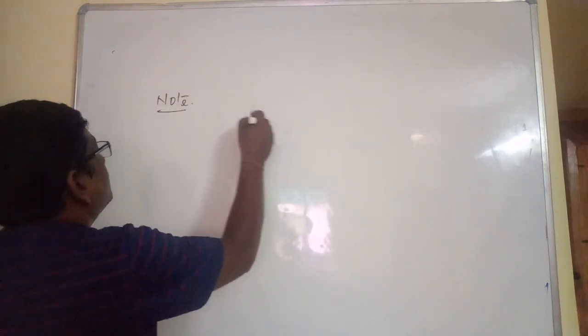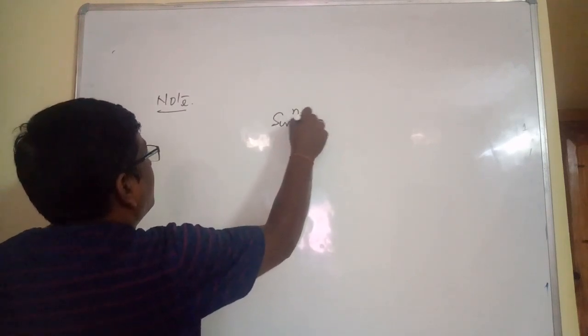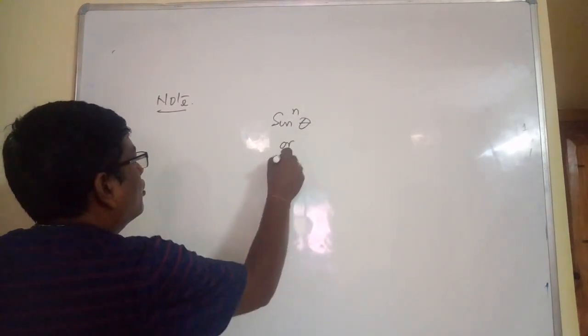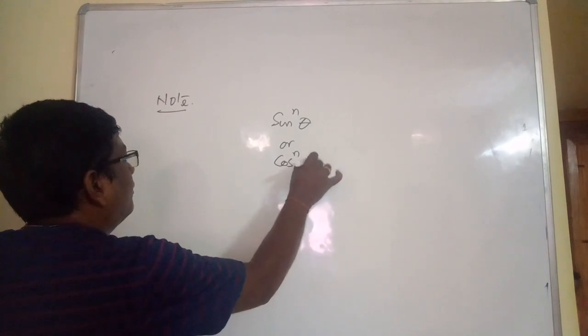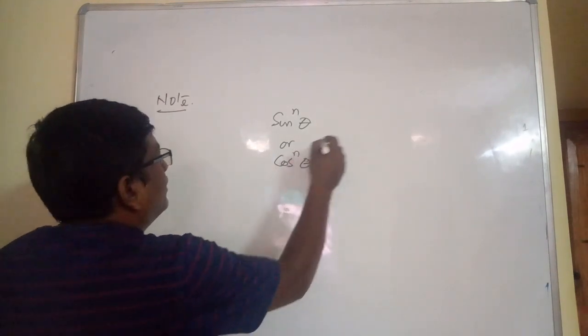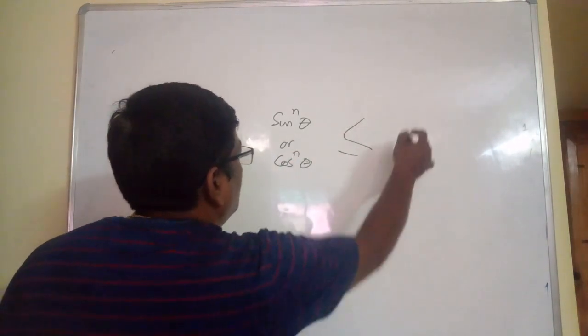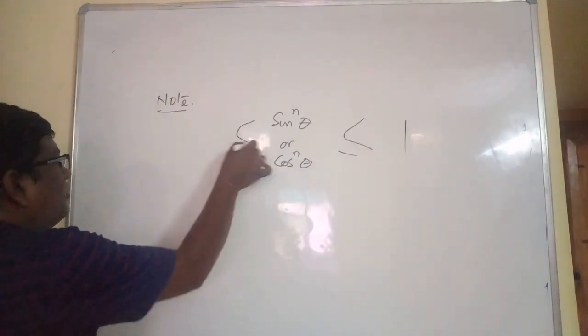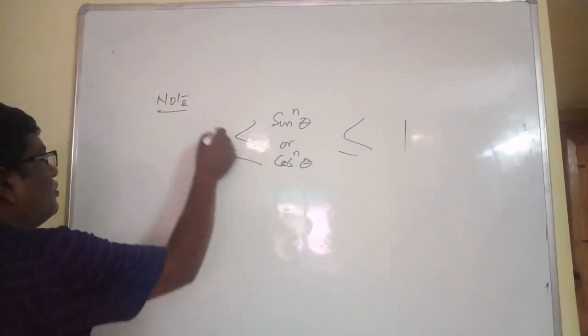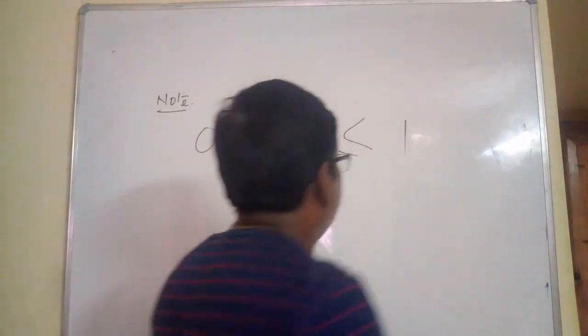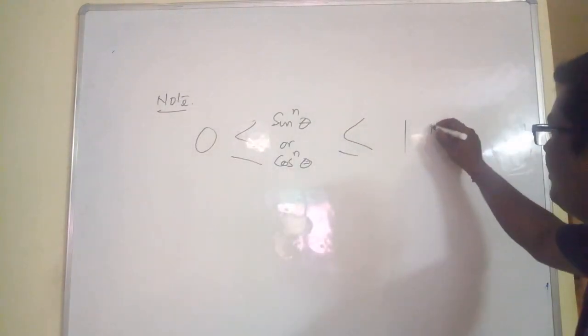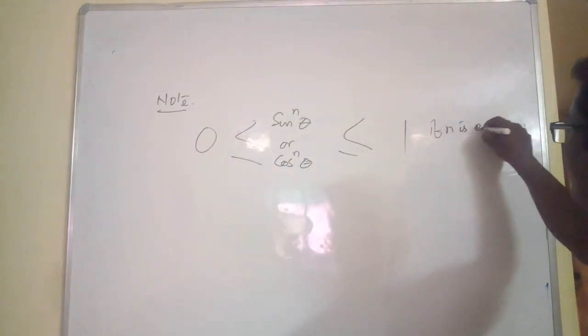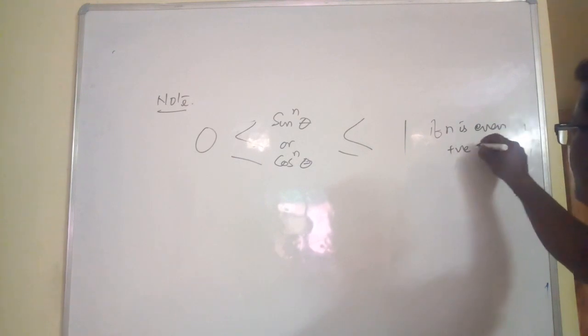Note: sin^n theta or cos^n theta lies between 0 and 1 if n is an even positive integer.